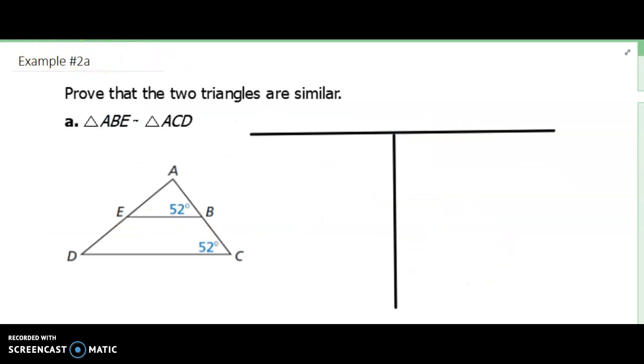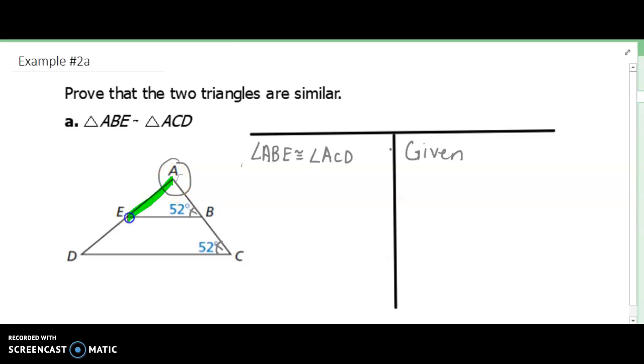All right, so let's look at this proof here. We want to prove that the two triangles are similar. Okay, so it's given to me that angle ABE is congruent to angle ACD. That's given. Okay, so this angle here and this angle here. Now, if I look at this, guys, don't both of these triangles share angle A?